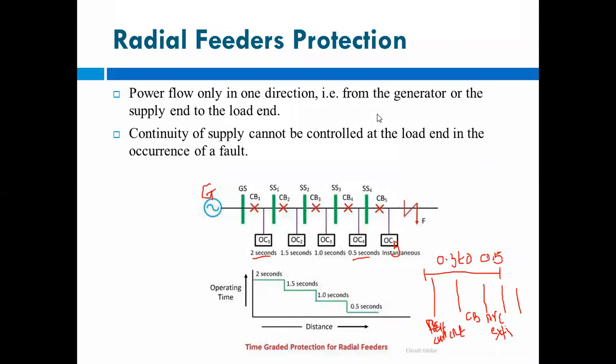Now, what happens here? 0.3 to 0.5 is the minimum time required for the relay to operate, right? Now, in this radial feeder protection, if we consider the generating station, near the generating station the operating time is more.